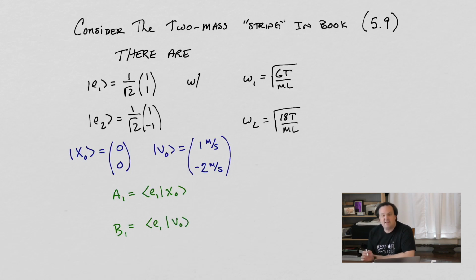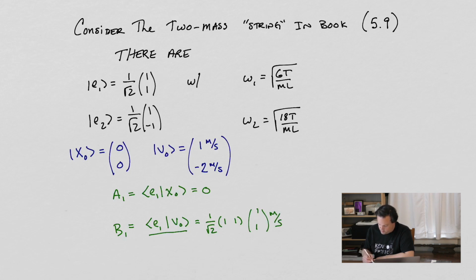Now, the way I've written it, since x0 is 0, well, that's going to be 0, right? Because when I do that dot product out, I don't have to worry about that product having anything. On the other hand, this one is not going to be 0, right? So I have the bra version of E1, which is 1 over the square root of 2, 1, 1. And I'm going to dot that with 1, 1 meters per second.